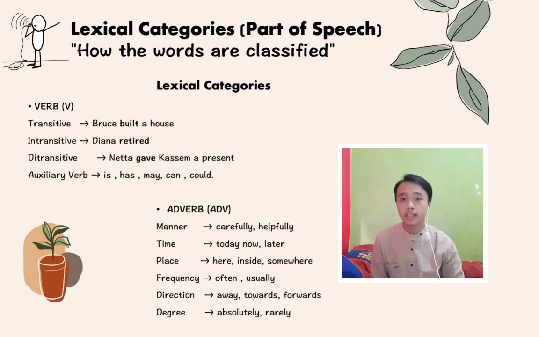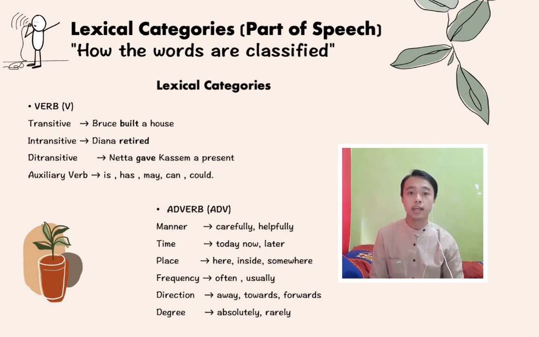And then the second is intransitive, for example Diana retired. Intransitive here doesn't need an object after the verb. And then the third is ditransitive. Ditransitive here means the verb is followed by 2 objects.